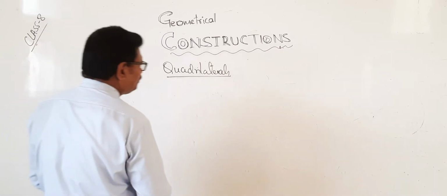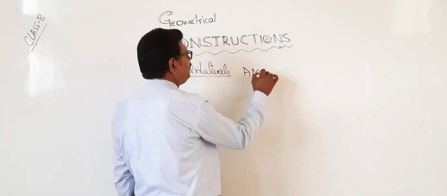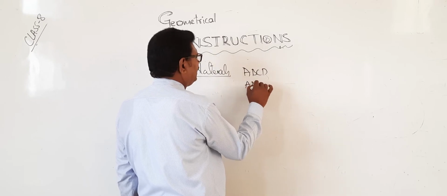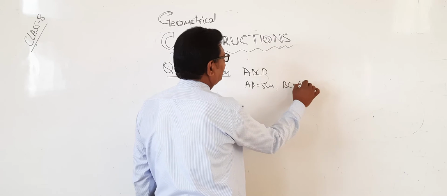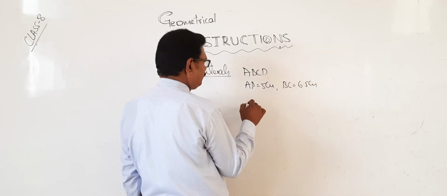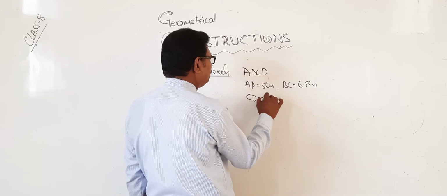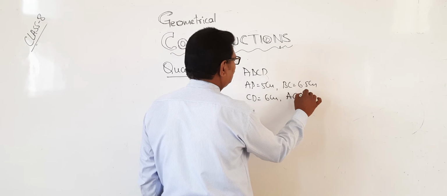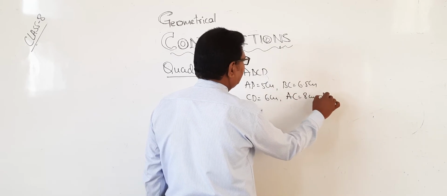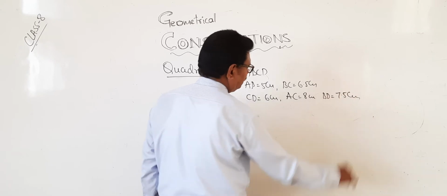Now see, for example, ABCD: AB equal to 5 centimeters, BC equal to 6.5 centimeters, CD equal to 6 centimeters, AC equal to 8 centimeters, and BD equal to 7.5 centimeters.